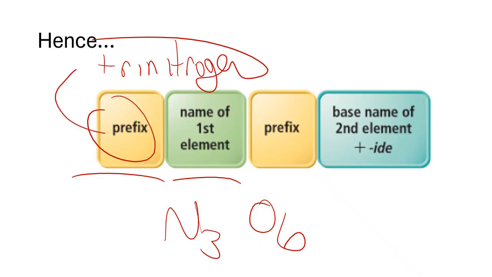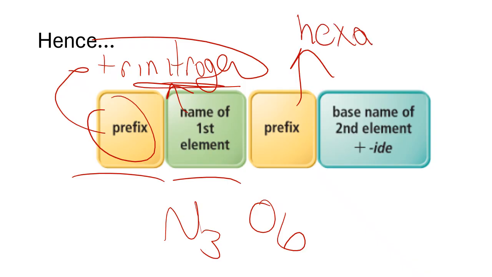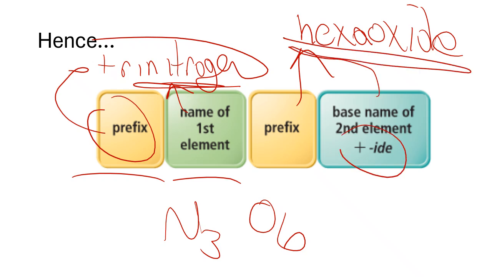So prefix, name of the first element, prefix, hexaoxide, prefix and name of the second element, ending with IDE. So naming with IDE is something to remember, but you know that CO2 is carbon dioxide.